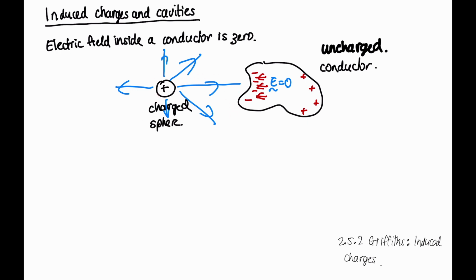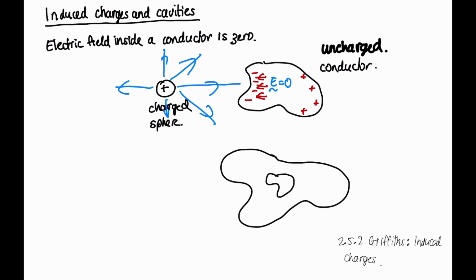Now, let's consider what happens if we have a cavity inside a conductor. So let's take this kind of similar conductor, and then let's put some odd cavity shape in it, and let's put a positive charge in here, so plus Q in there. Now, we know that there is no electric field inside a conductor.